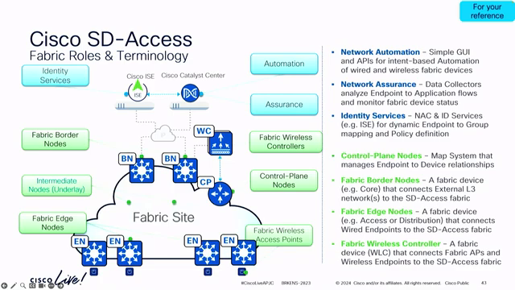And then we have the brain of this fabric, which is the control plane nodes. Most of the time, you can have a collapsed border and control plane, so you don't need a separate persona for that. It depends on scale, so please refer to the product documentation.